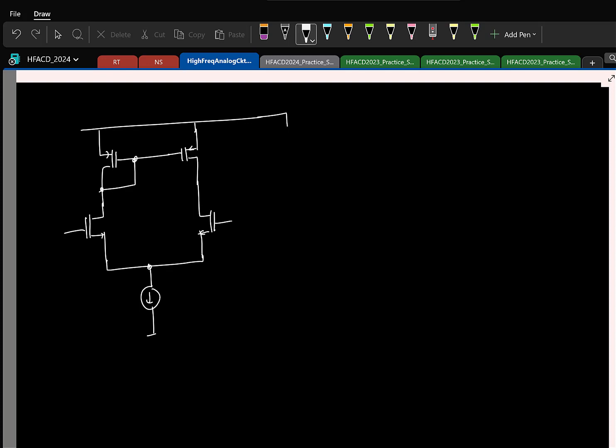So now what we are saying is the supply here is going to be VDD. On top of it, we are going to have small variation. We are interested to see if any variation happens in the supply, how is it going to appear at the output? Okay, that's the goal.